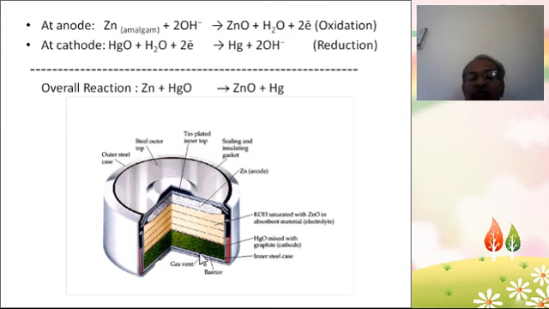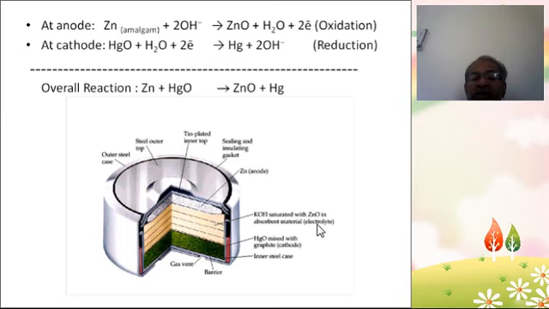In between these two, the electrolyte is placed, in which saturated KOH is used along with zinc oxide. So the construction of the mercury oxide cell is very simple, though the diagram looks very complicated.